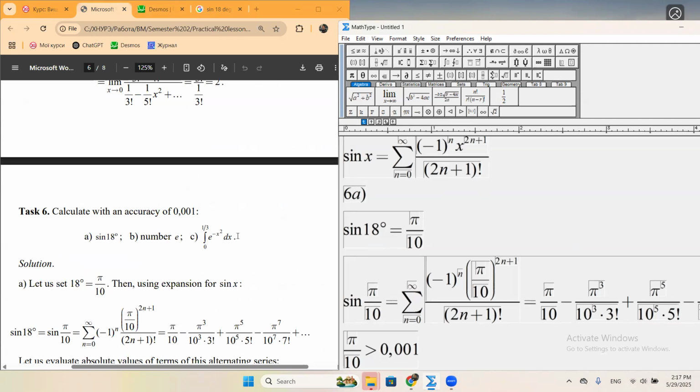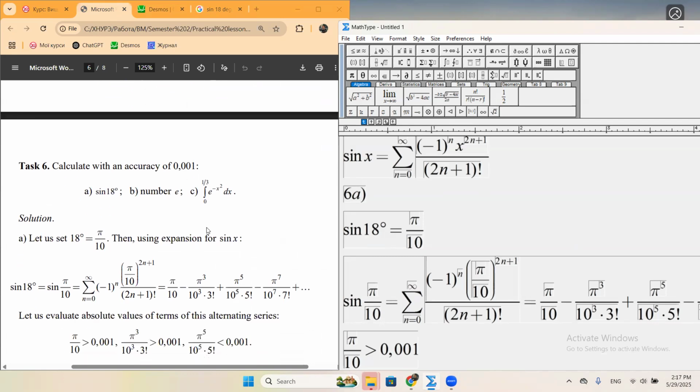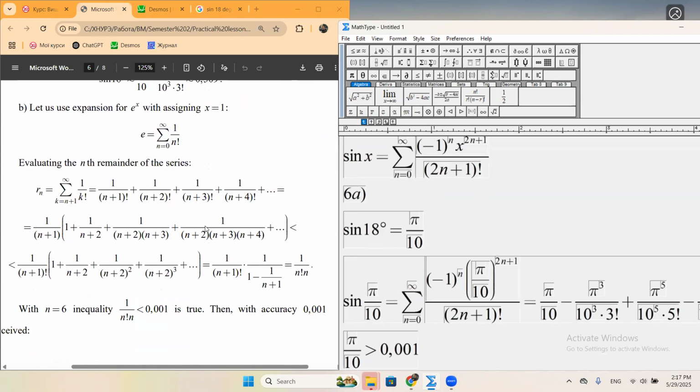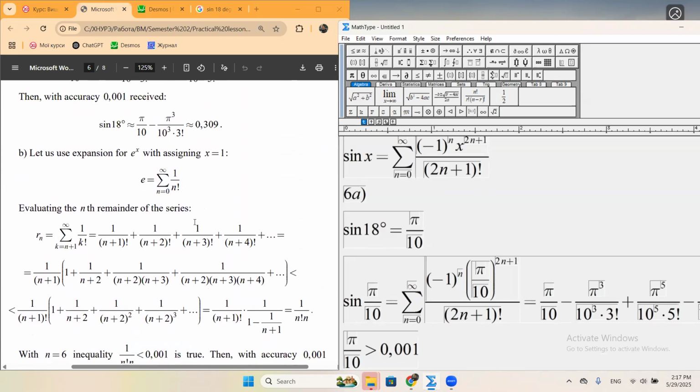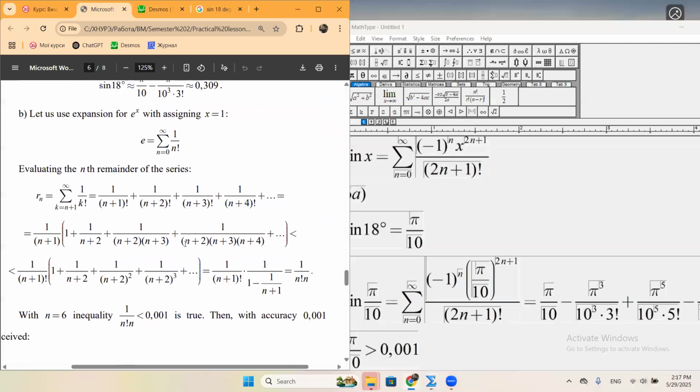Okay. What about number e? Let's just look through this exercise. So again, we will use the standard expansion for e to the power of x. So it is written like this. And then we need to evaluate the nth remainder.